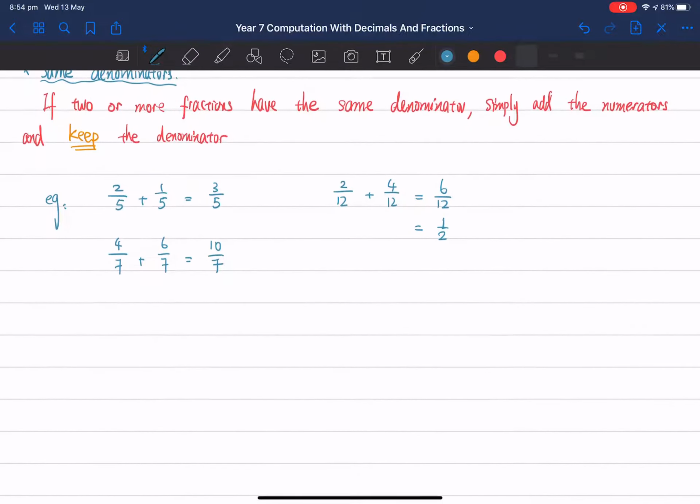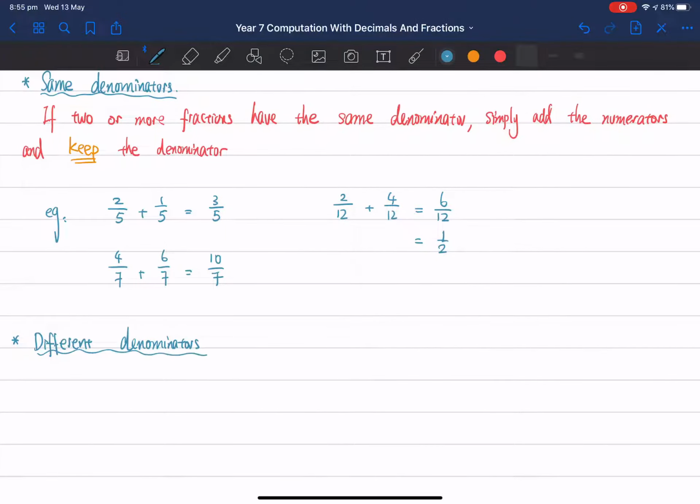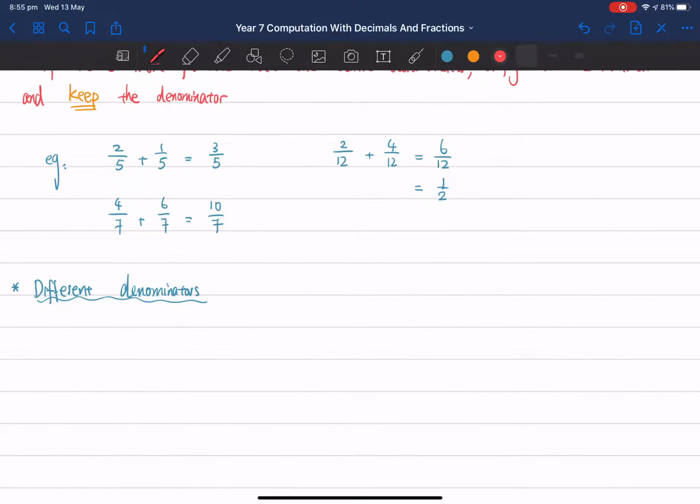So this is what happens if it's the same denominator. Now, what happens if it's a different denominator? Most of the time you're not going to get questions where the denominators are equal to each other. So what do we do if the denominators are different? If they're different, we need to make them the same.